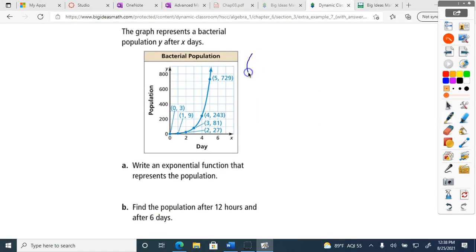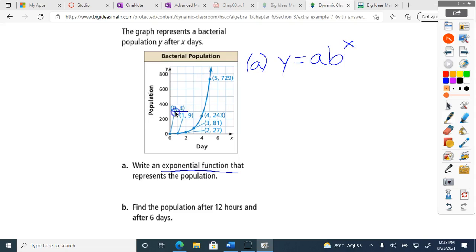All right, for part A, same process, writing the exponential function. Every time it's y equals a times b to the x power. So a is how much I have initially. How much do I have initially here? 3.